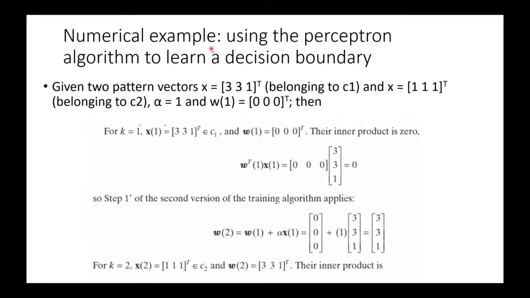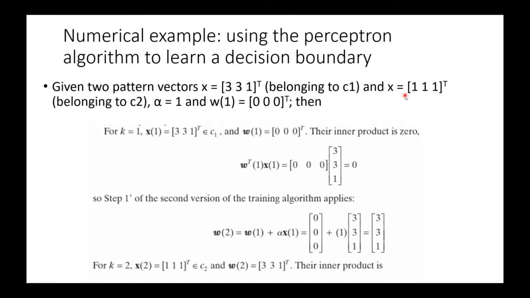A numerical example, just to keep the ideas clear. Assume that we have two pattern vectors. These are two examples. The first example is a point in three-dimensional space, at the position 3, 3, 1, and let's assume that this point belongs to the class C1.